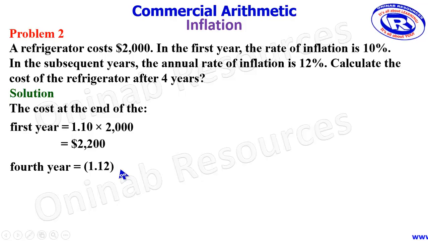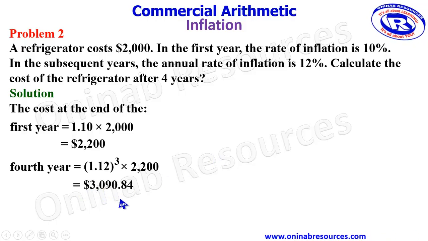Since we are left with 3 years out of the 4 years, it is going to be raised to power 3, then multiply by the cost at the end of the first year, which is 2,200. Inputting this in our calculator, we have the cost of the refrigerator after 4 years of inflation to be $3,090.84. And that's all for the solution of problem 2.